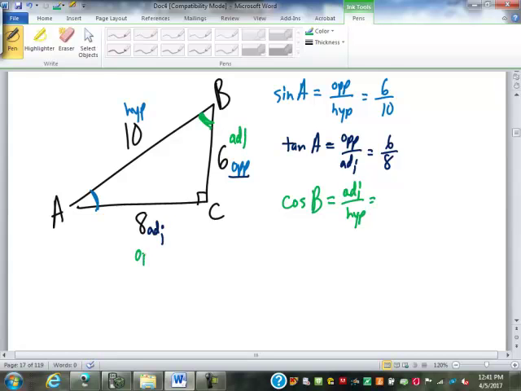The 8 would be the opposite according to angle B. So the adjacent side is the 6 over the hypotenuse of 10. 6 over 10, or 0.6. Again, we pointed this out yesterday, but since A and B are complements, the two angles in the right triangle, they have to add up to 90. The sine of one equals the cosine of the other.